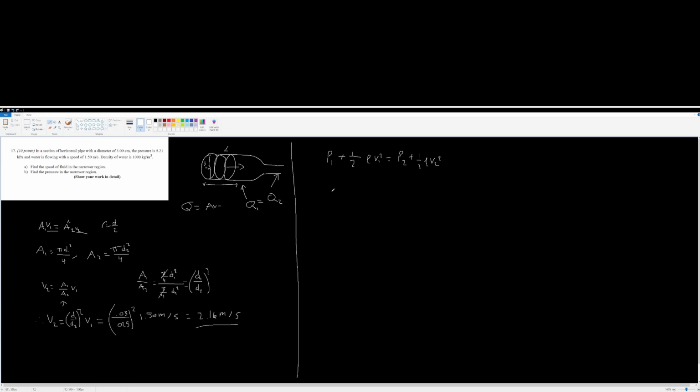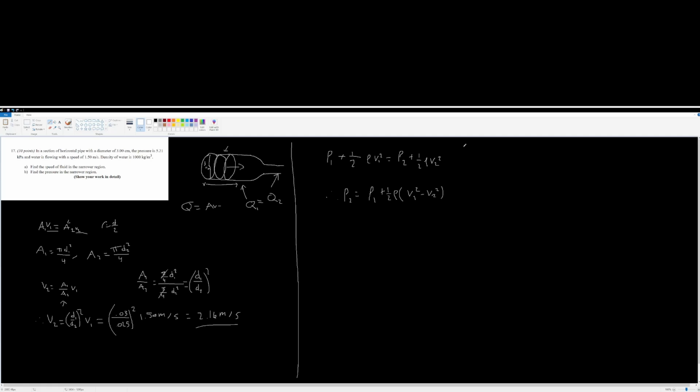And so if we want P2, then we simply do P1 plus 1/2 times rho, all times v1 squared minus v2 squared.